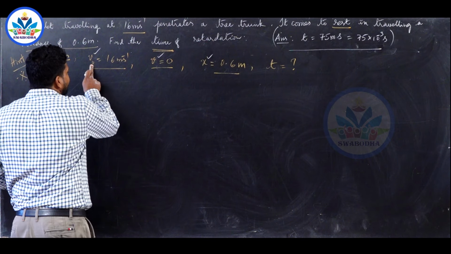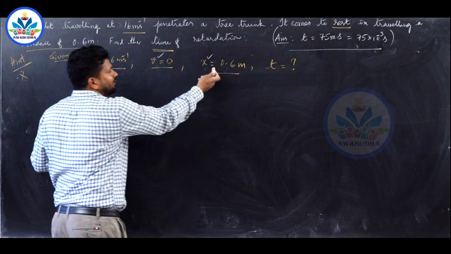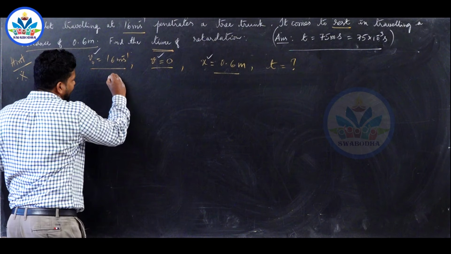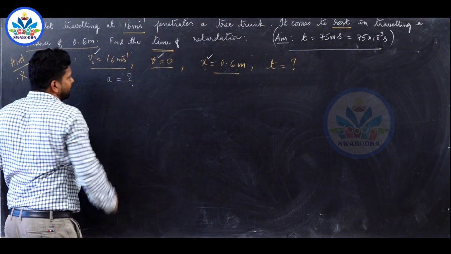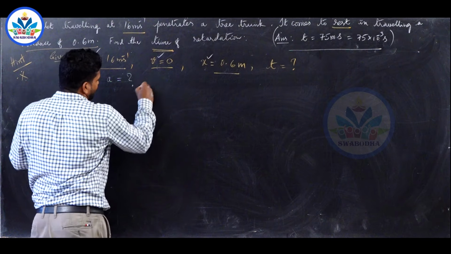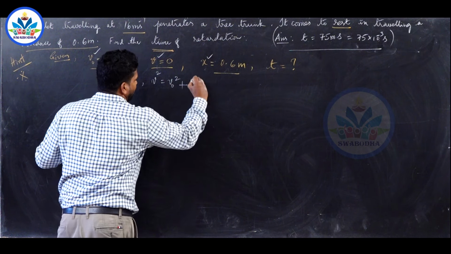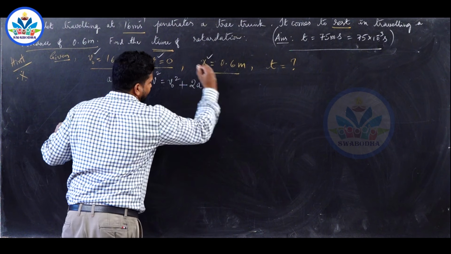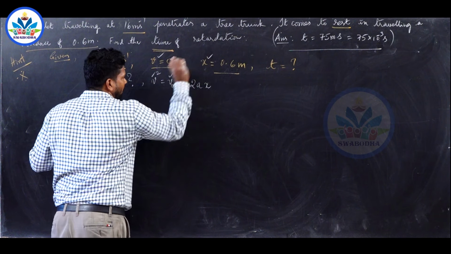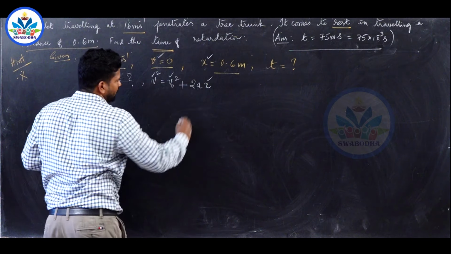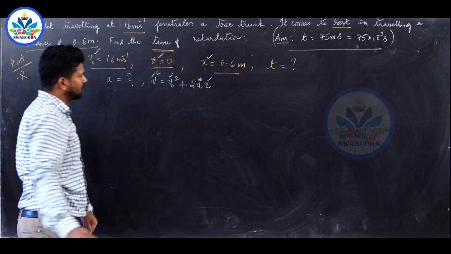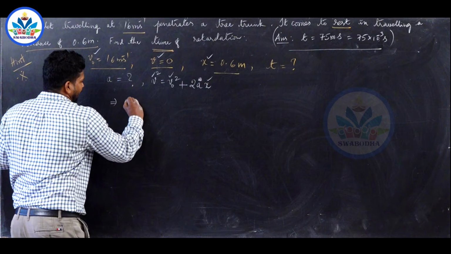By knowing initial velocity, final velocity and displacement, you can easily calculate the acceleration using the third equation of motion, v square equal to v naught square plus 2ax. v is known, v naught is known, x is known, only a is not known. You just calculate the value of a.